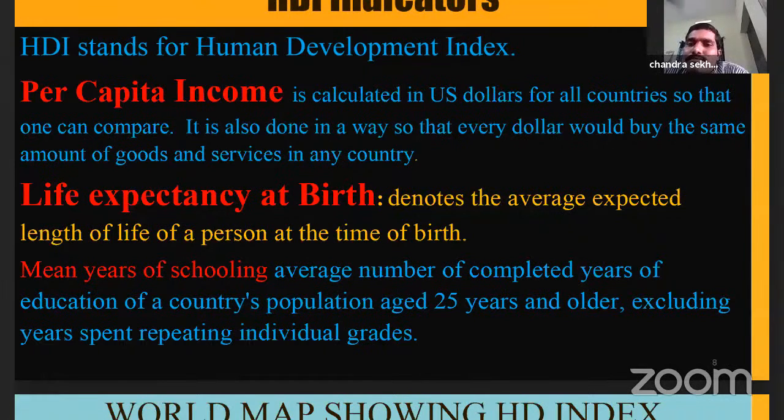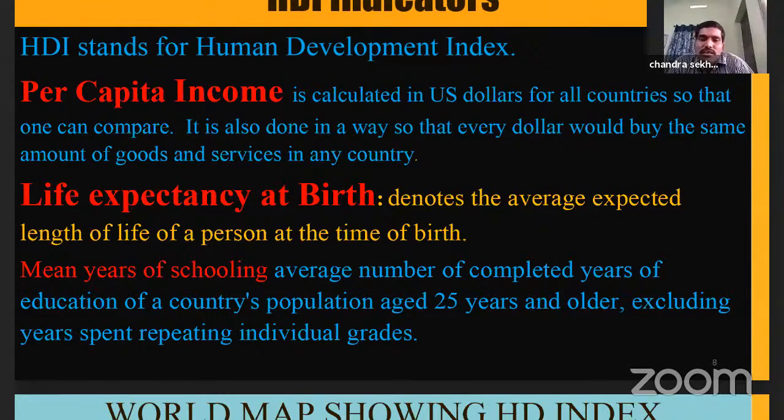But in mean years of schooling, it is the average number of completed years of education. So each and every person on an average, how many years of education is he completing? Not just reading and writing in any language, but how many years of education he is getting from educational institutions in whole life, up to 25 years and older.